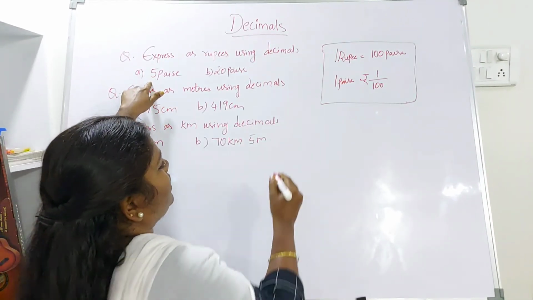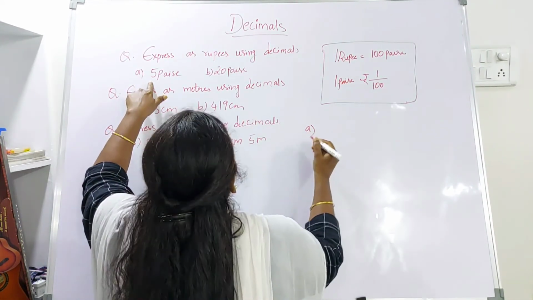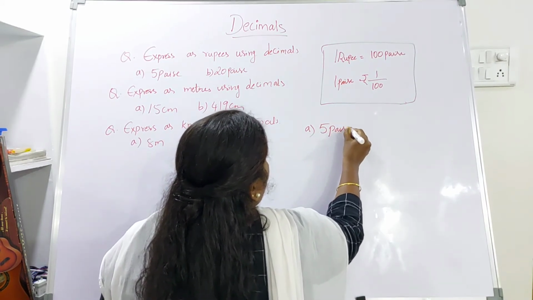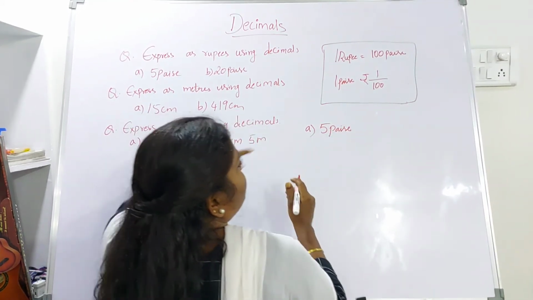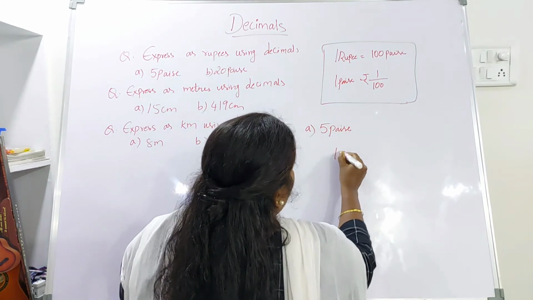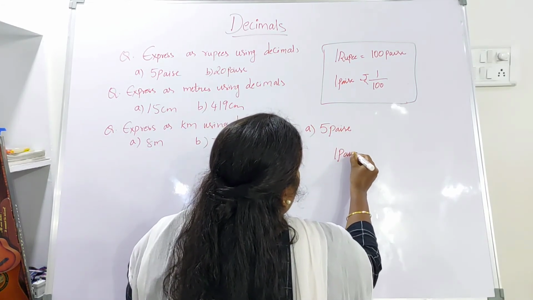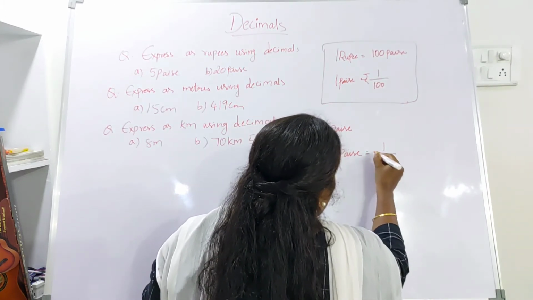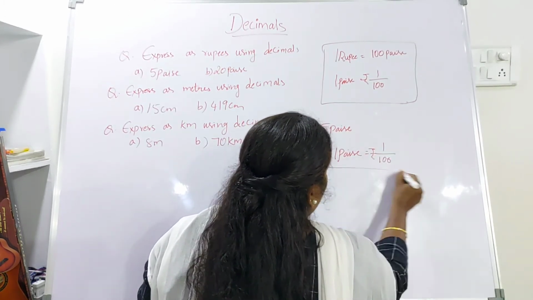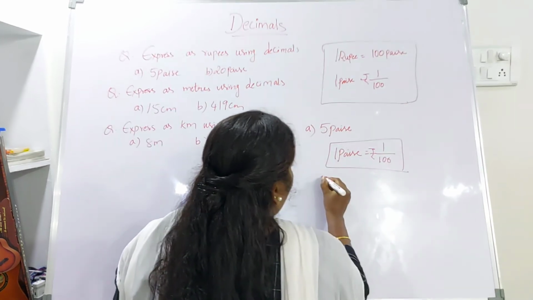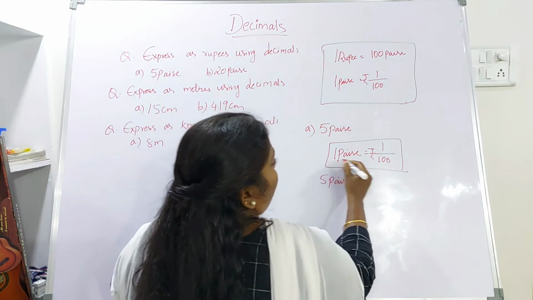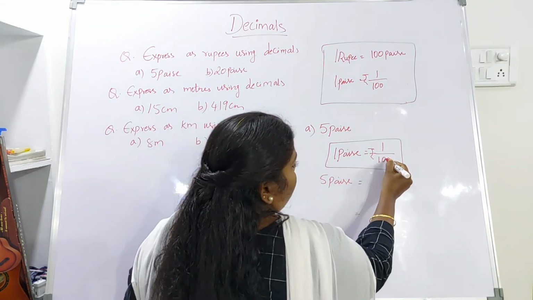So the first one, they are asking you to convert 5 pies into rupees. Now as I told you, 1 pie is equal to 1 by 100th of a rupee. So now 5 pies, now here 1 pie is equal to 1 by 100 rupee.